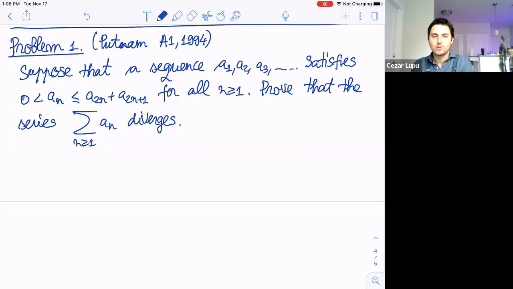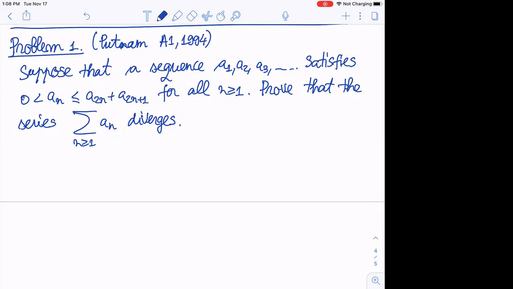So if you see it as a Putnam A1, you should think that this should be easy, right? Could we try to prove that the sum of a_{2n} plus a_{2n+1} diverges, and since that's greater or equal to the sum of a_n?